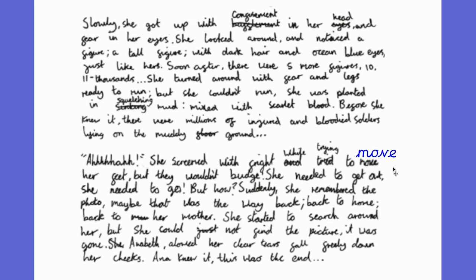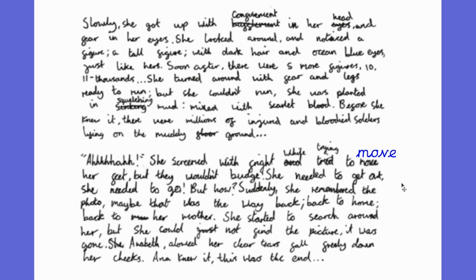Soon after there were 5 more figures. 10, 11, thousands. She turned around with fear and legs ready to run. But she couldn't run. She was planted in squelching mud, mixed with scarlet blood. Before she knew it, there were millions of injured and bloody soldiers lying on the muddy ground. Ah! She screamed with affright while trying to move her feet, but they wouldn't budge.